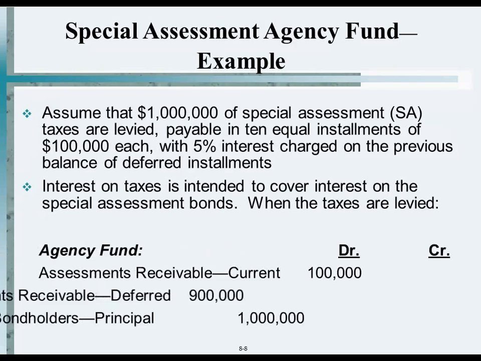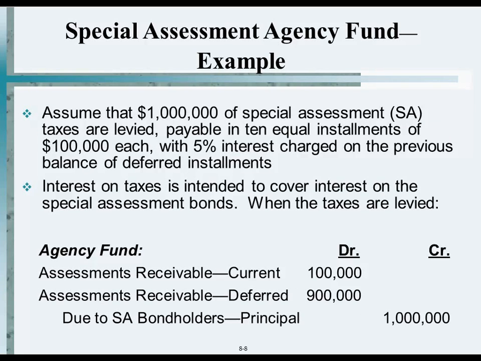And this is an example where the government is not on the hook. They basically get the money from the property owners and send it to the bondholders. And this is the same journal entry that we saw back in Chapter 5, okay, which is we debit a receivable, in this case, deferring the principal for the next 9 years at $900,000, and each year we make the deferred portion into a current portion.